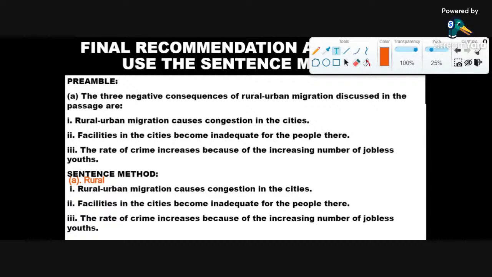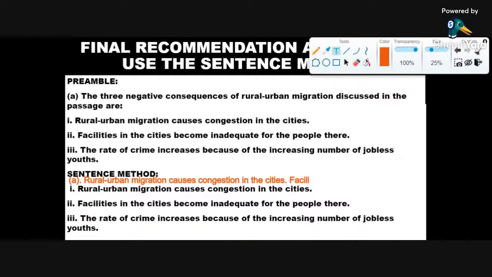Rural-urban migration causes congestion in the cities. Full stop. And then you can go ahead and come with the second sentence.